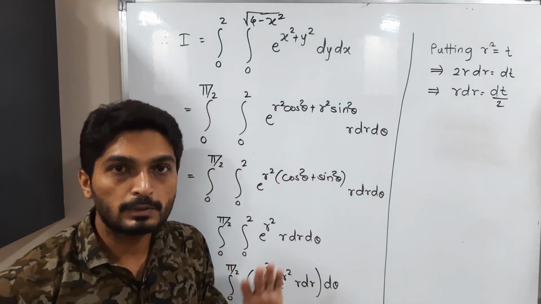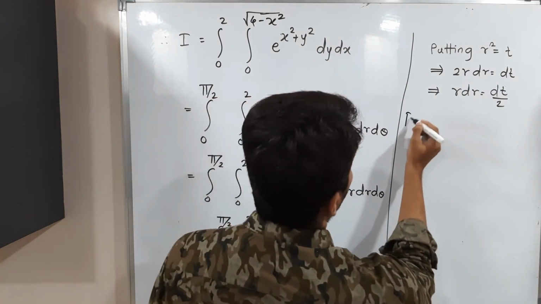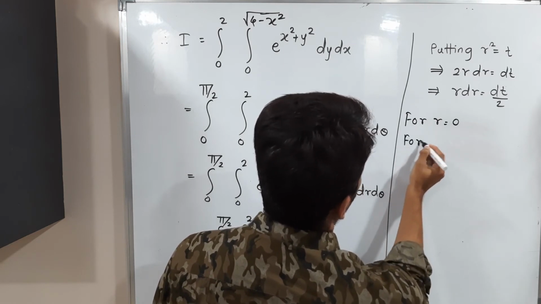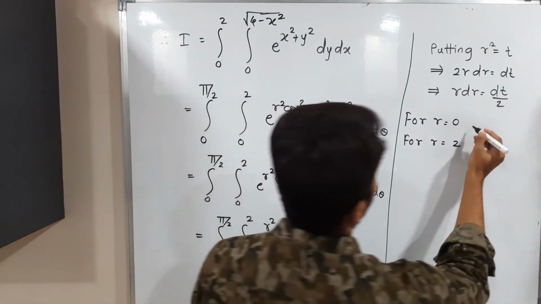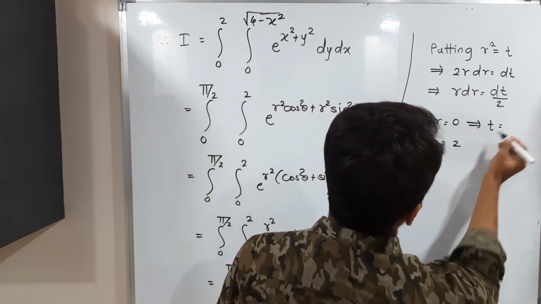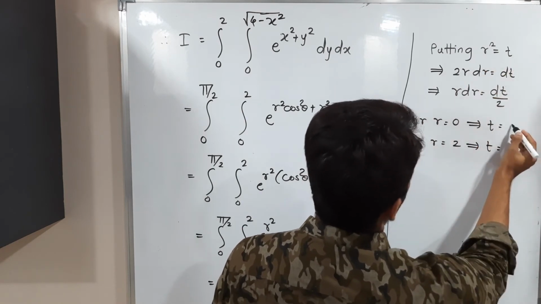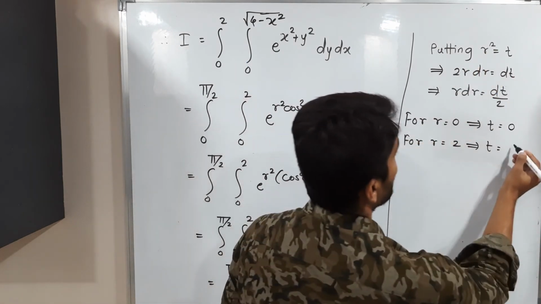So let us find new limits now. If I put r is equal to 0, t will be 0, and if I put r is equal to 2 here, t is equal to 4.